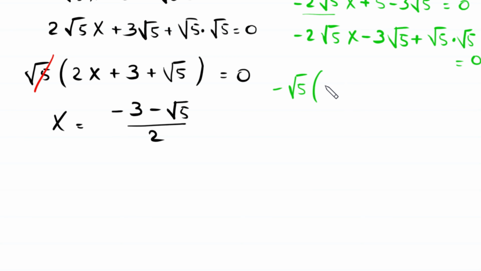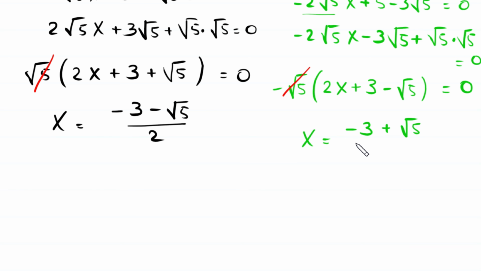In brackets, positive 2x, positive 3, and negative root 5 equal to 0. If we divide both sides by negative root 5, this cancels out, and move these two terms to the right hand side and divide by 2. This becomes x equal to negative 3 plus root 5 divided by 2.